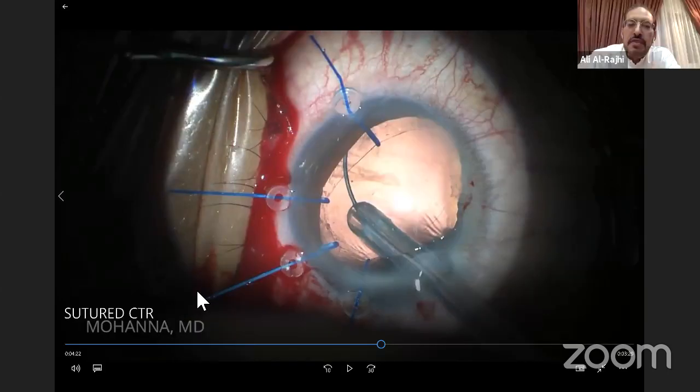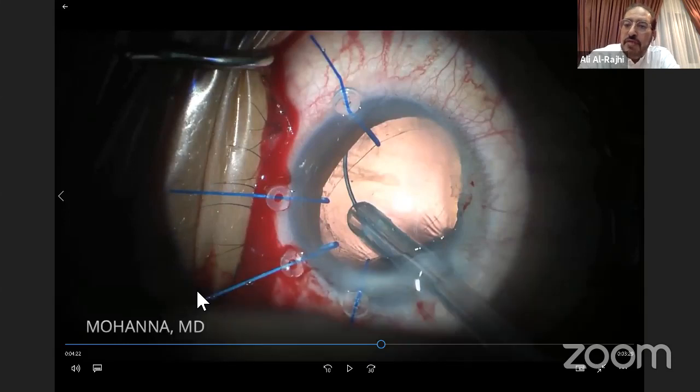I have a comment. I think Ma'an correctly mentioned that I would have used a capsular tension segment from the beginning. First of all, having one case successful doesn't mean that all cases will be successful. So we should have a way of managing things, not only for one case, but for cases to come.